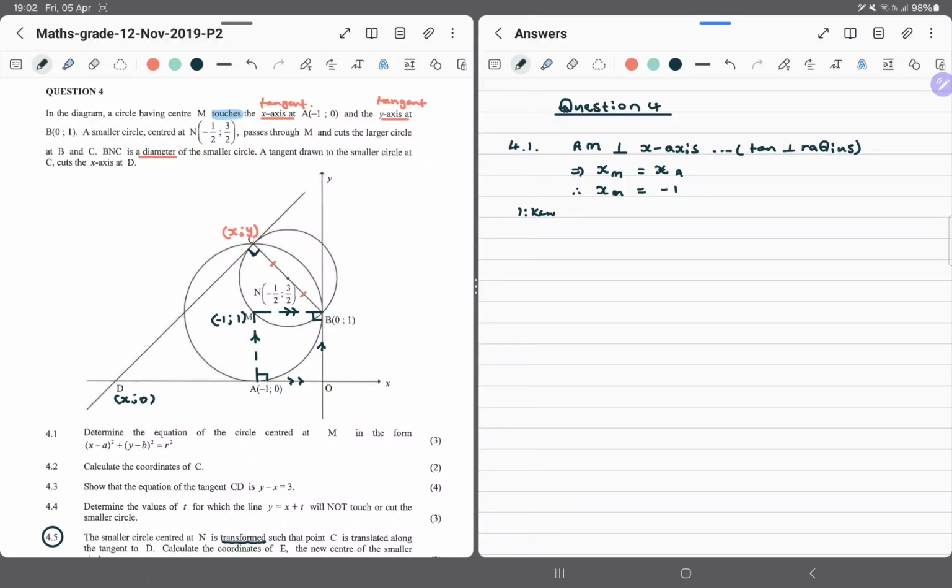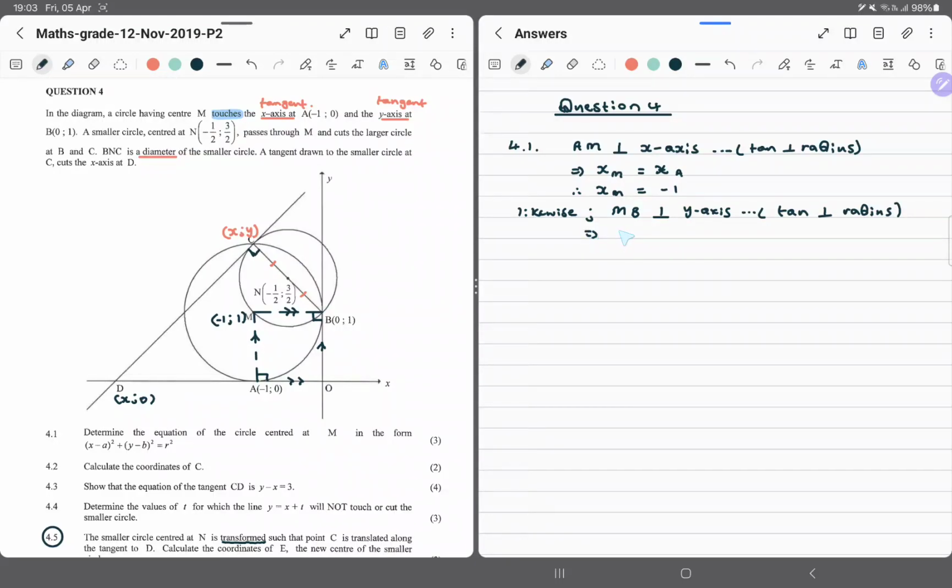Likewise, because this is a similar story, we can tell that MB is perpendicular to the y-axis. The statement says it touches, which makes it a tangent. Again, we know a tangent is always perpendicular to the radius.